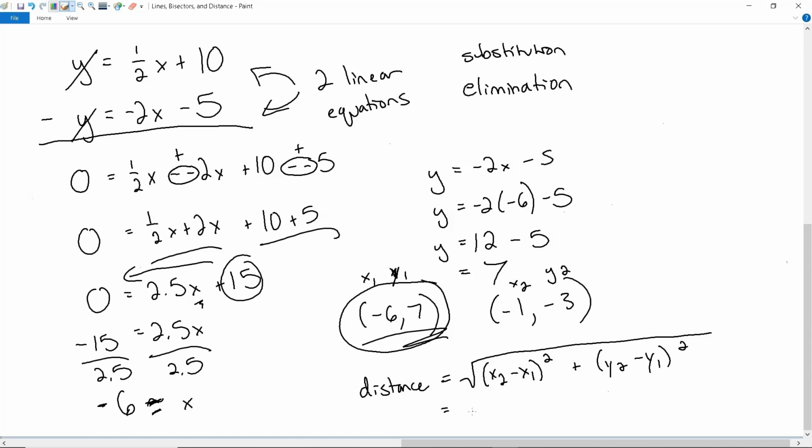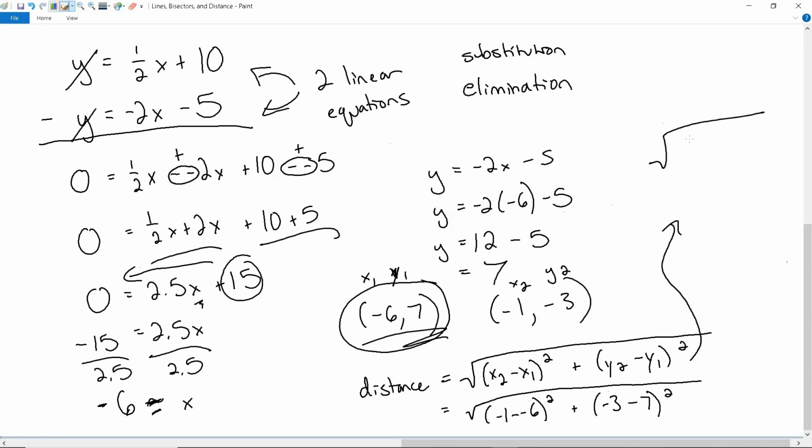And if we plug all of this in, I'm running out of space, so I'll just put this over here. -1 minus -6.